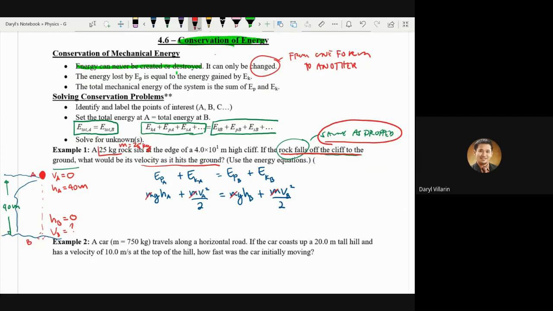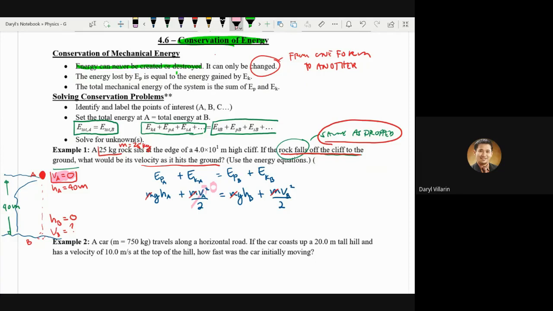And taking note that VA is equal to 0, that means this is also 0 here. So the velocity at A is 0 because again, it's just falling, same as dropping. So you don't have any initial velocity there.